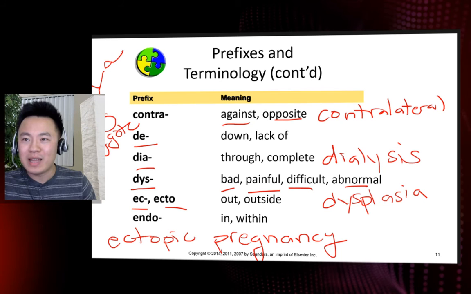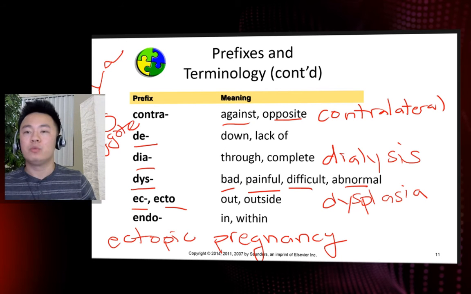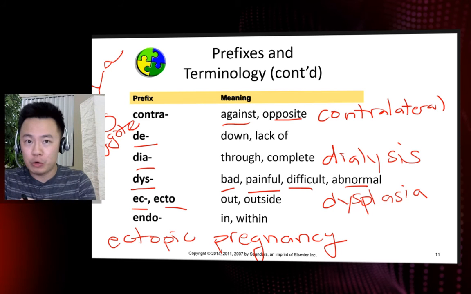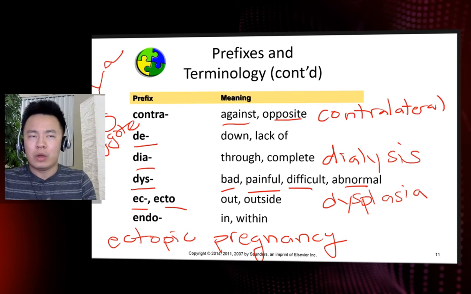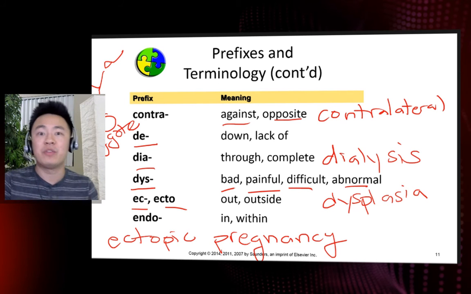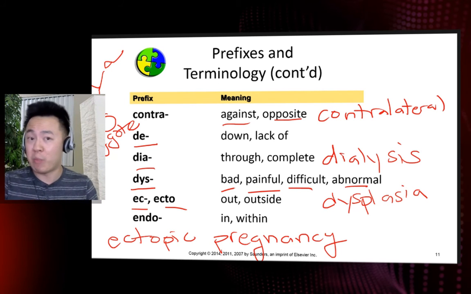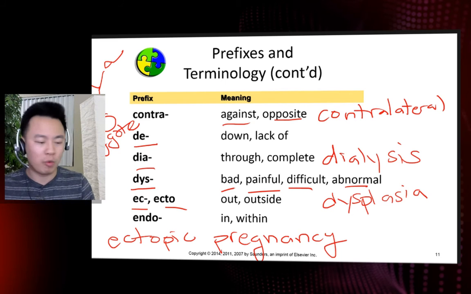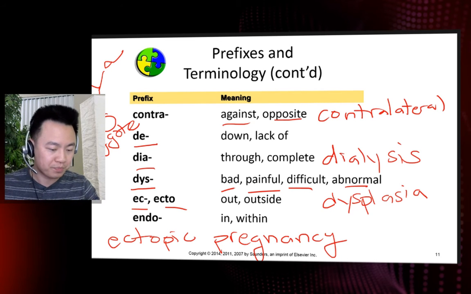Now that zygote travels down and is supposed to implant itself into the female uterus, which is what it's supposed to do. But when it doesn't implant itself into the female uterus, rather it implants itself, say, in the fallopian tube, which I would believe is tremendously painful. If a baby were to grow in the fallopian tube, that would be known as an ectopic pregnancy, outside of the normal place where it's supposed to happen.